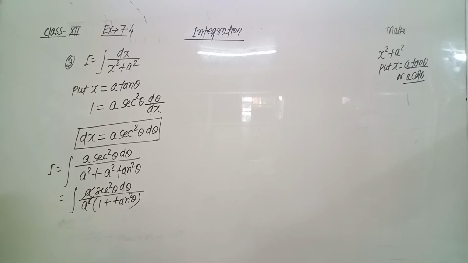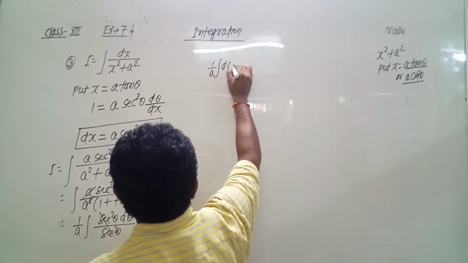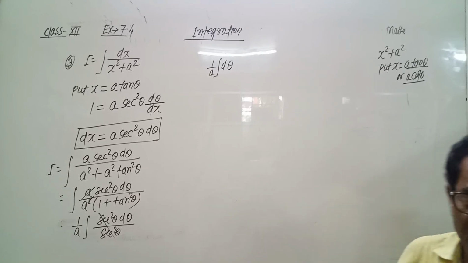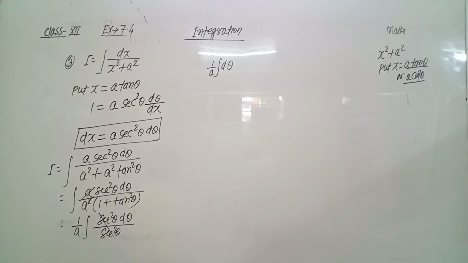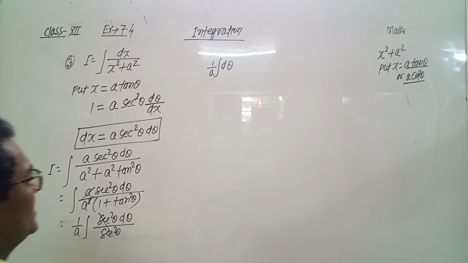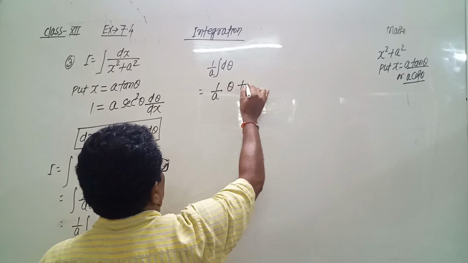The a cancels, and 1 by a is taken outside, and sec square theta d theta upon 1 plus tan square theta, which is sec square theta. So we get 1 by a integration of d theta. We know integration of dx is x, so similarly integration of d theta will be theta. So 1 by a theta plus c.